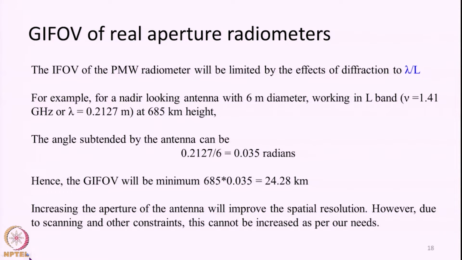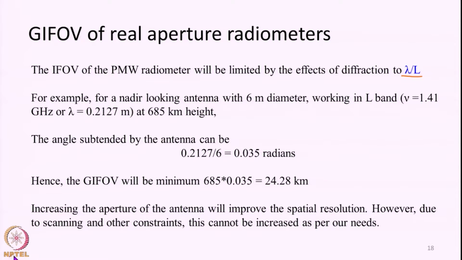The angle subtended by the sensor element on the ground, the IFOV, is basically limited by a factor of lambda by L. Here it is limited by the antenna beam width, and it can be shown that it is limited by the factor lambda by L, where lambda is the wavelength in which the microwave radiometer is working and L is the length of the antenna.